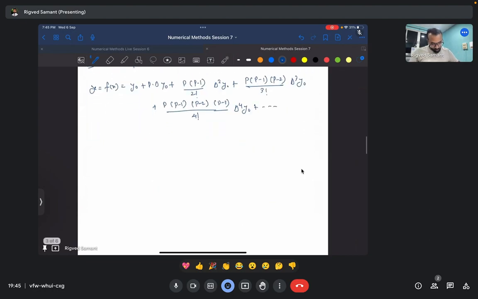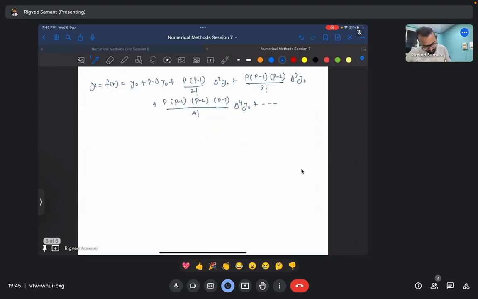Therefore, Newton's forward difference table. I'll just tell you how to go about it.